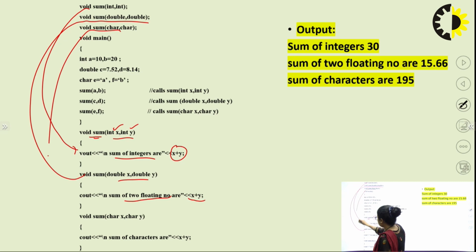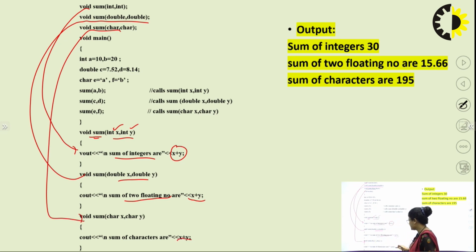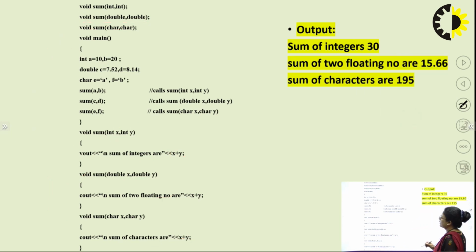Similarly, the third one gives the summation of x plus y, where x and y are character data, and in addition we are passing a string. The message will be sum of the characters. So this is the program where we are dealing with function overloading, having the same function name but different parameters, or different function signatures, and based on the kind of parameters we pass, it will be decided which function is called.